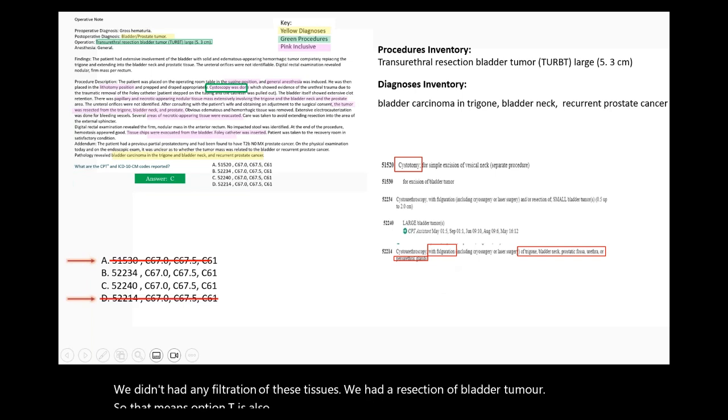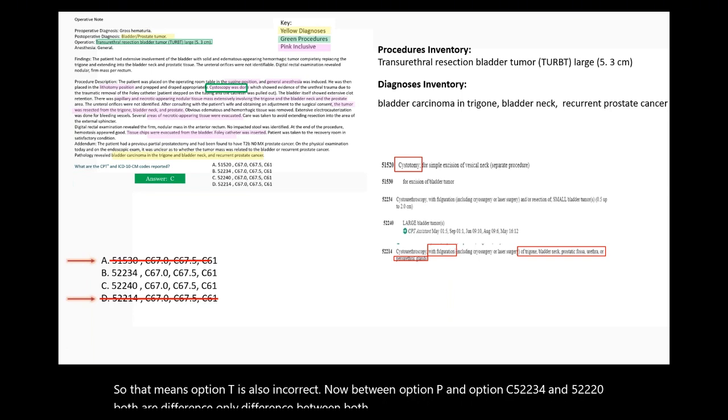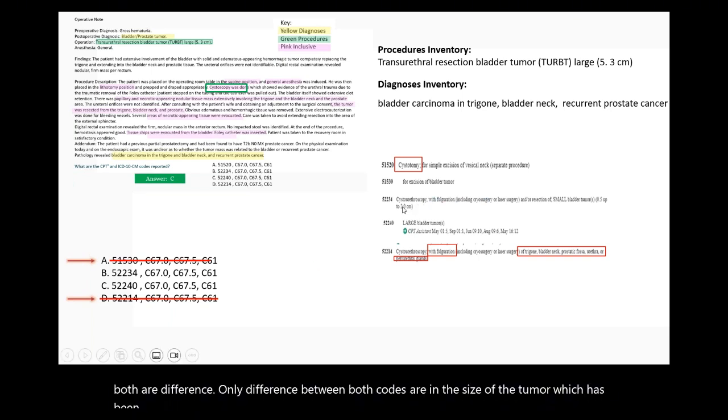Now between option B and option C, 52234 and 52240, both are different. The only difference between both codes is the size of the tumor which has been removed. 52234 is coding for cystourethroscopy with fulguration and/or resection of small bladder tumors, 0.5 up to 2 centimeter.